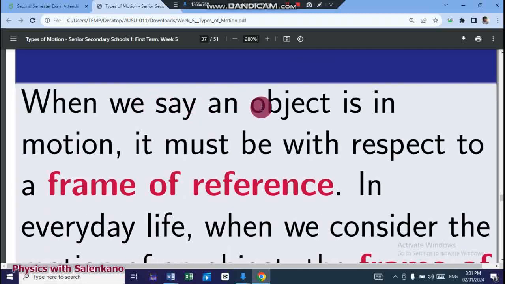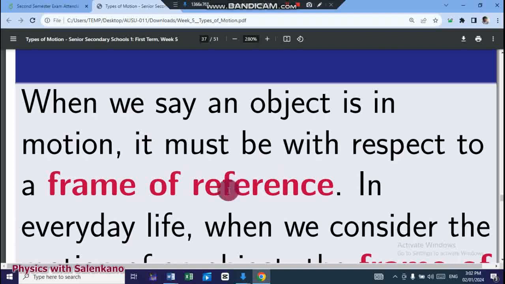When we say an object is in motion, it must be with respect to a frame of reference. We mean this frame of reference is the one we use to measure motion of an object, the position of an object, the velocity, speed, acceleration, all these kinematic terms. We measure them using a frame of reference.